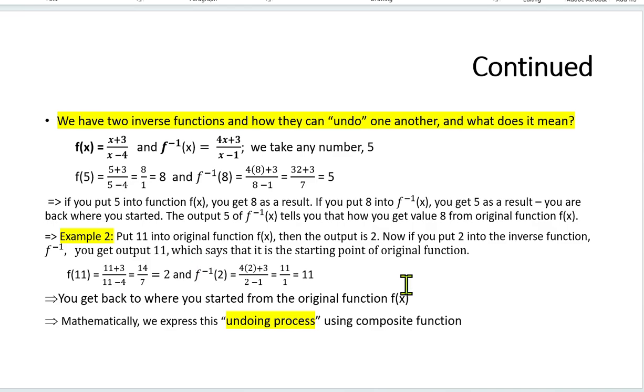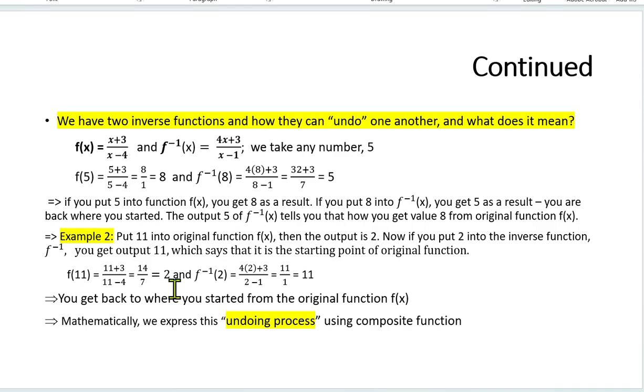Another example. Now we put the number 2 into the inverse function, and we get 11. The 11 is the output of the inverse function, and now we put it back into the original function. Then the output comes out to be 2.